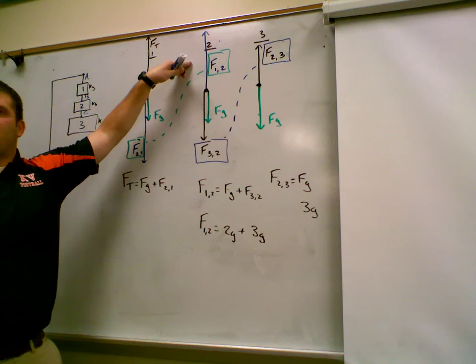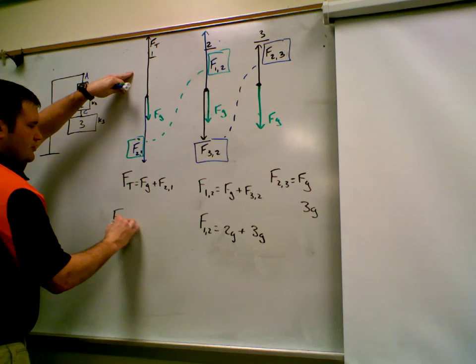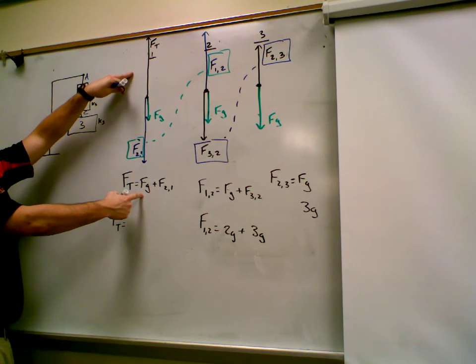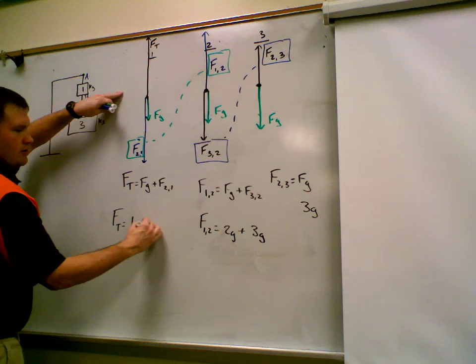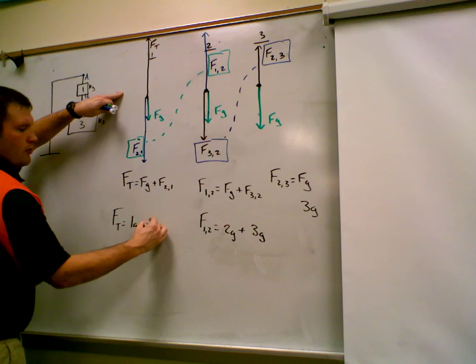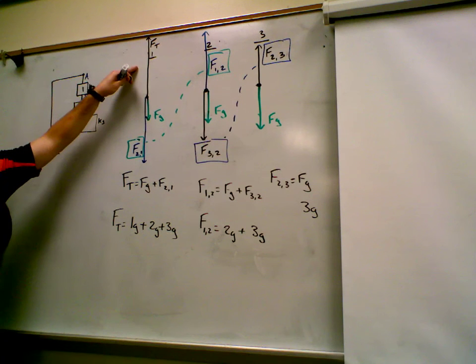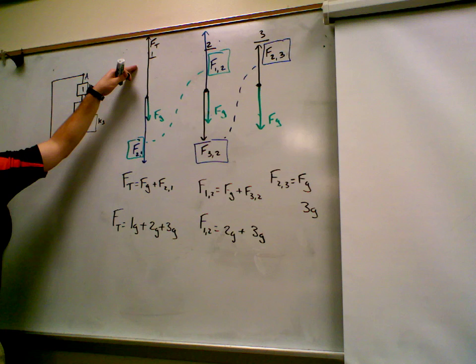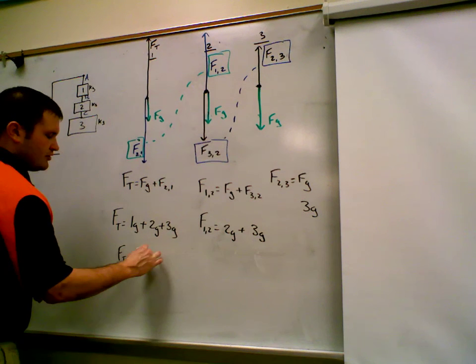Does that make sense? And this tension is going to be, how many G's? 1G, because it's the mass 1, plus F 2 on 1, which is 2G plus 3G. So this tension up here is going to be 6G, 6 times 9.8. Does that make sense, guys? A little bit. Okay.